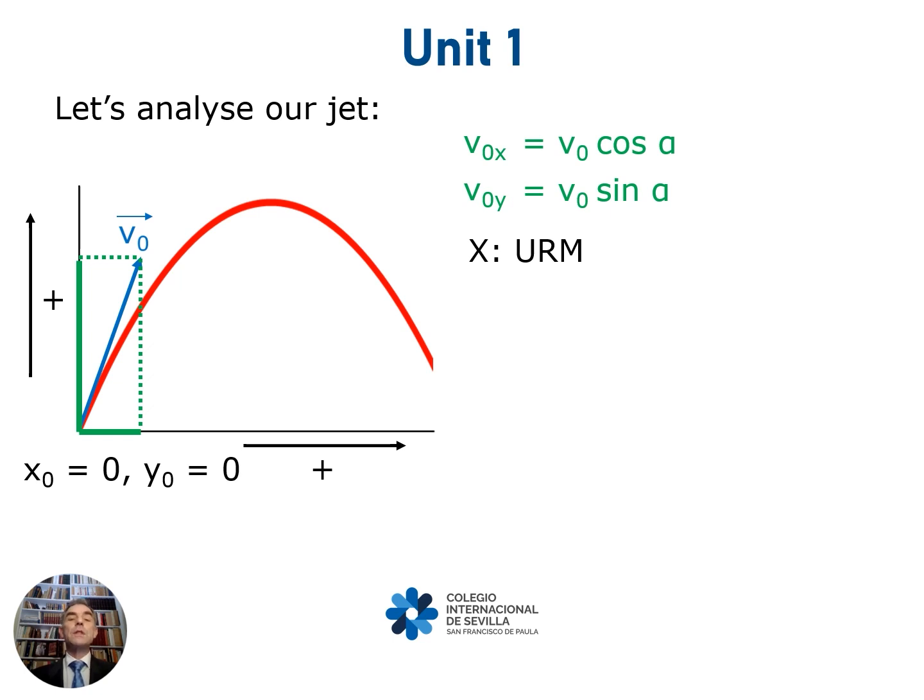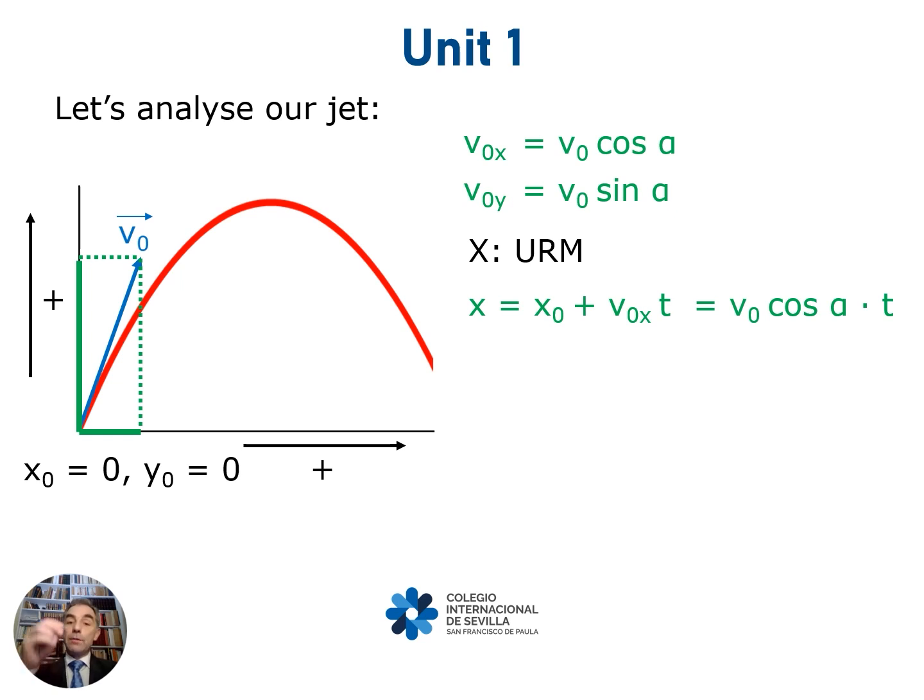The expression for position in uniform rectilinear motion, as we know, is x equals x0 plus v0x times time, which is v0 cosine of alpha times time, because x0 equals 0. The origin of the motion is the origin of coordinates.